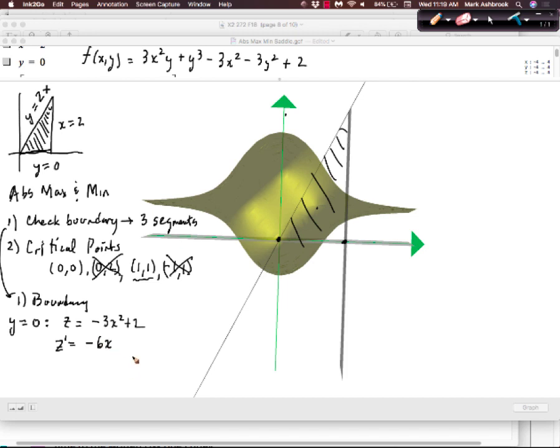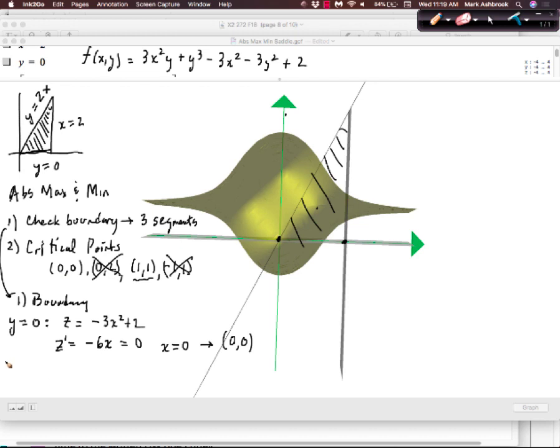We want to know, where does that equal 0? x equals 0, which we already have, right? So we already have that point, 0, 0. That gives us a candidate 0, 0, but we already had that one from before, so it's just a repeat. That's fine. Next boundary, x equals 2.